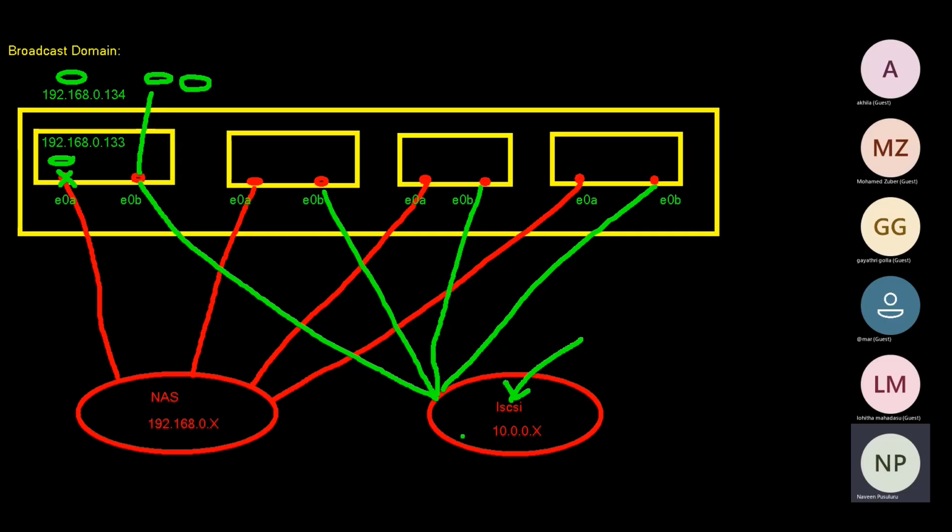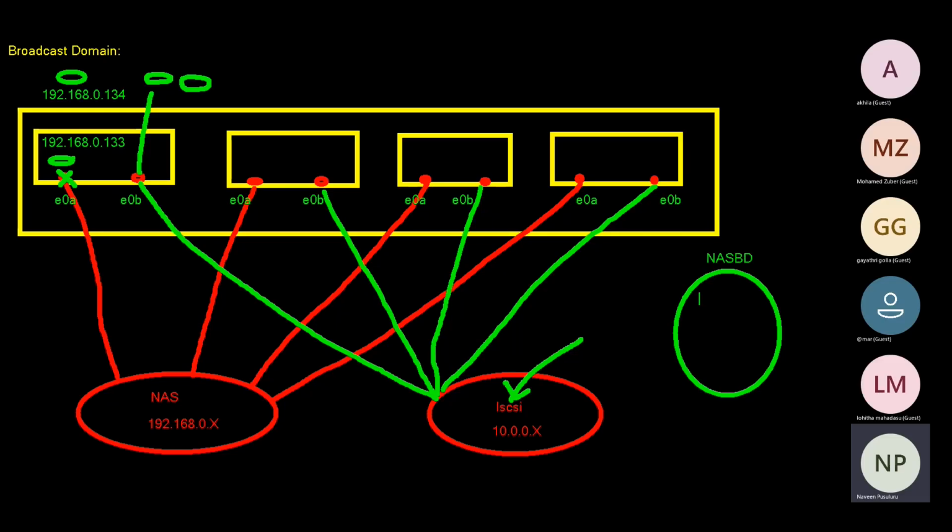So in order to avoid these kinds of issues during port failures or LIF failovers, we use a concept called a broadcast domain. By using the broadcast domain concept, we can group the ports. For example, I have created a broadcast domain called NAS BD, the NAS broadcast domain.